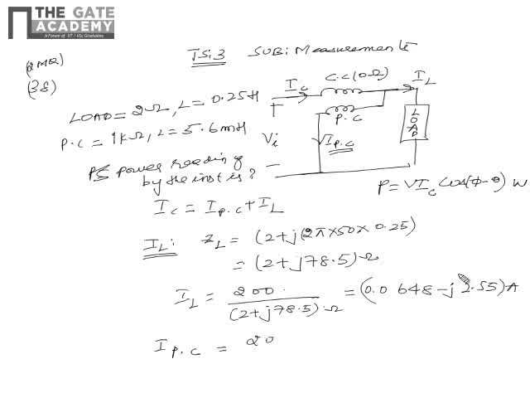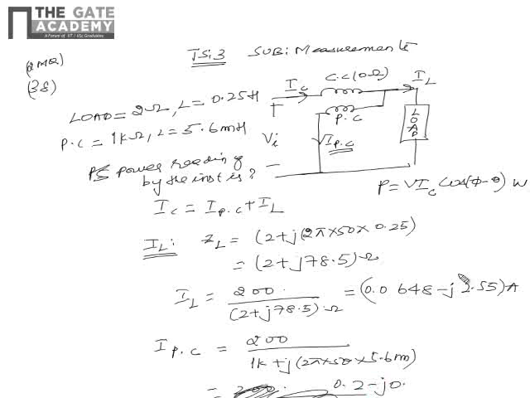So 200 divided by 1k plus J times 2 pi into 50 into the inductance 5.6 milli. On solving we get it as 0.2 minus J times 0.000352 amperes. So this is my IPC.